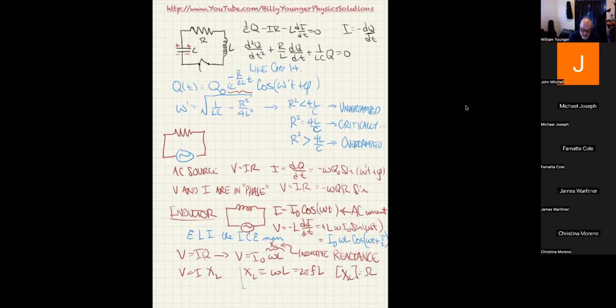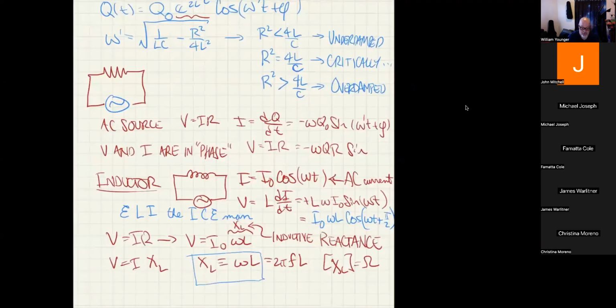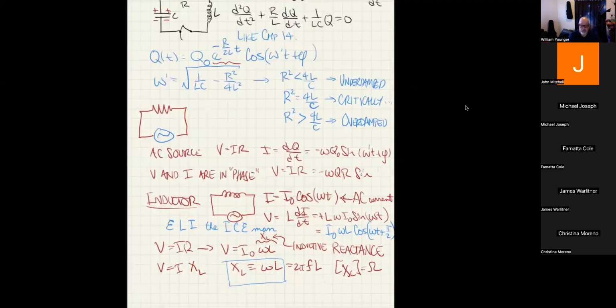How did the sine turn to a cosine? When you take the derivative, because you see that I is cosine omega t, the derivative of cosine is negative sine. And actually this one you weren't supposed to take the negative, sorry about that. So let me fix that real quick too. You weren't supposed to take the negative here because we're actually getting a power source, the AC.